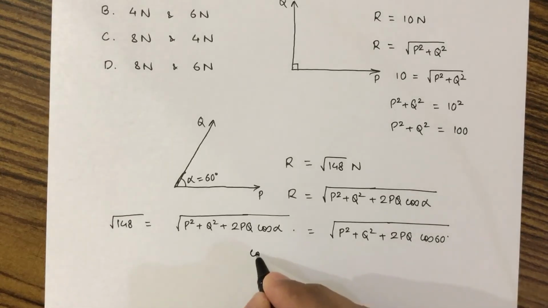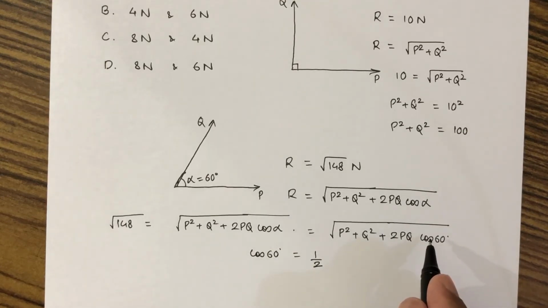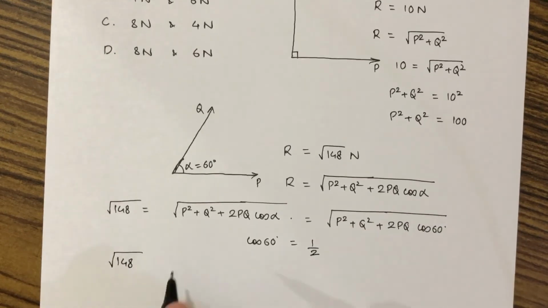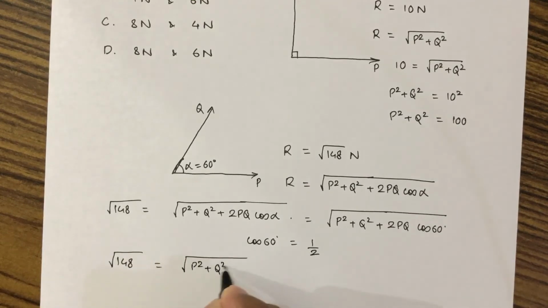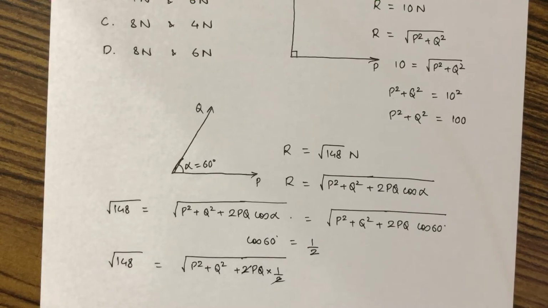If we substitute 1 by 2 over here, we will get root 148 is equal to square root of P square plus Q square plus 2PQ into 1 by 2. Now this 2 and this 2 will get cancelled, so we will get square root of P square plus Q square plus PQ.